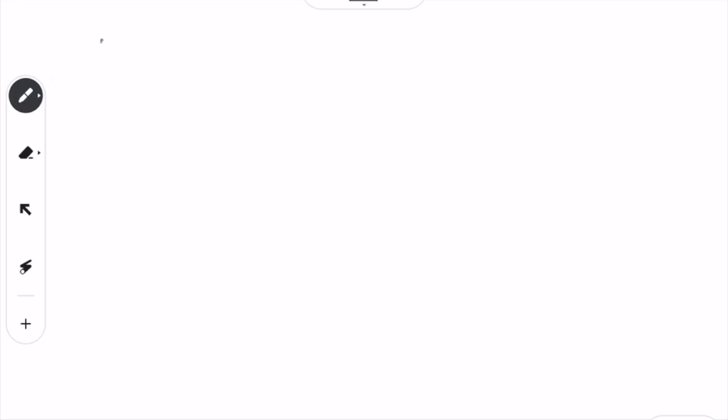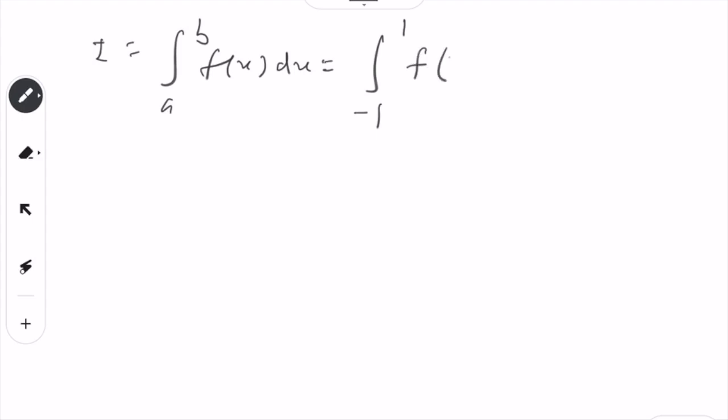So you have I equal to the integral from a to b of f(x) dx equal to the integral from minus 1 to 1, and then you have the f(x) here, so this becomes f(xi). Okay, you have to convert f(x) into f(xi), and then you simply put x in terms of xi, x equal to (a plus b) over 2 plus (b minus a) divided by 2 multiplied by xi.